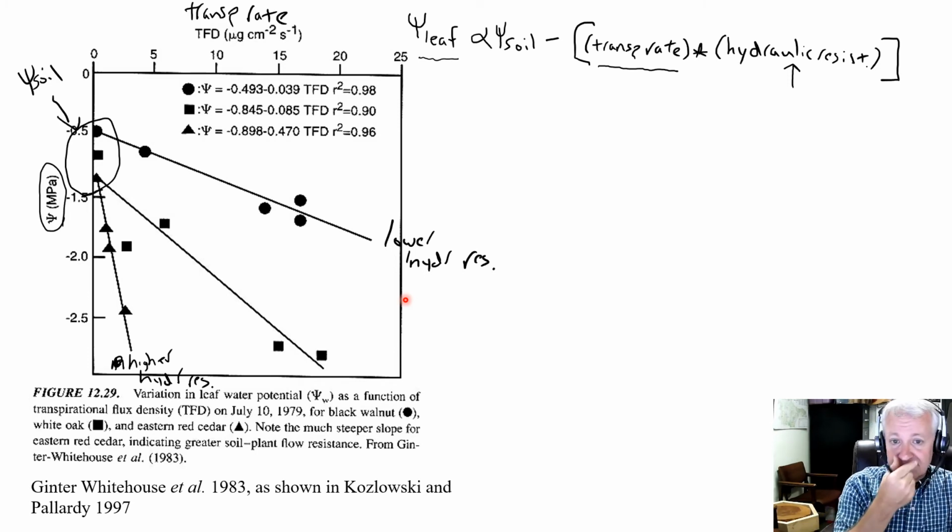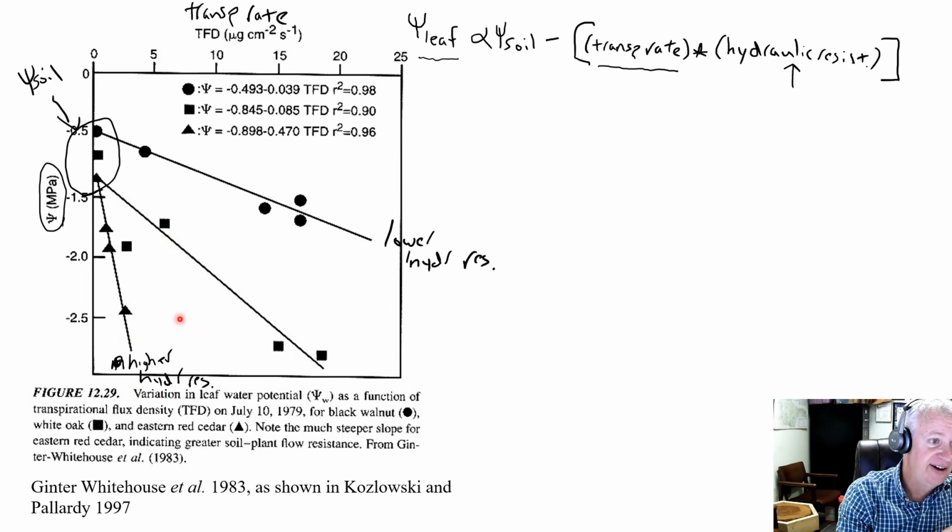The degree to which water potential changes will vary depending on whether that plant has a high hydraulic resistance or a low hydraulic resistance. And we can also see how those hydraulic resistances are related to the xylem structure.